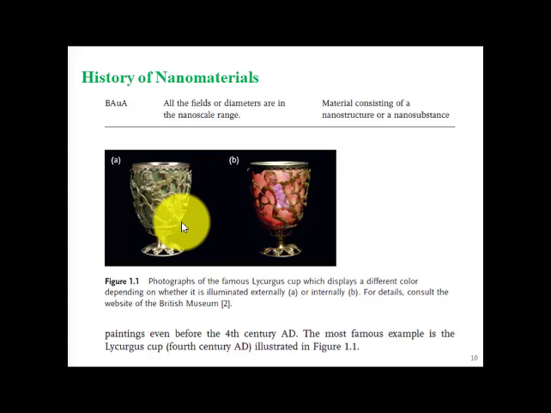Analysis of the glass revealed that it contains a very small quantity of tiny, about 70 nanometer metal crystals of silver and gold in an approximate molar ratio 14:1, which give it these unusual optical properties. It is the presence of these nanocrystals that gives the luxurious cup its special color display.